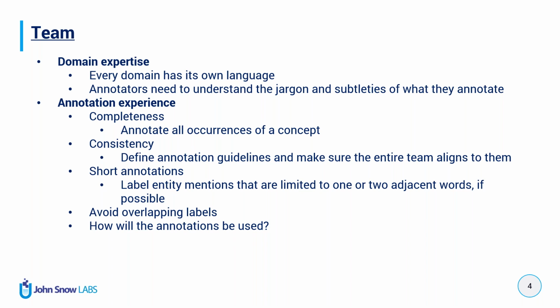Then there are other best practices. Always define short annotations, try to avoid overlapping labels, and the bottom line is that people need to understand how those annotations will be used, that they actually represent examples for the model training, and keep consistent and complete.